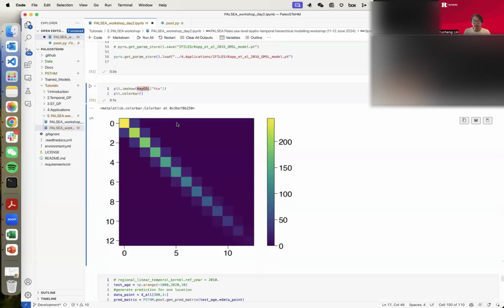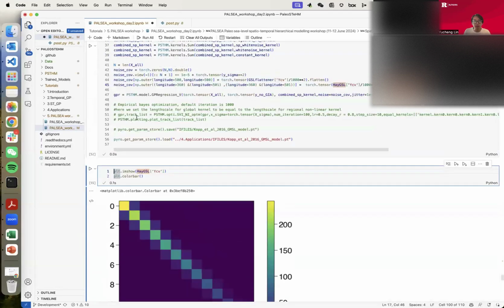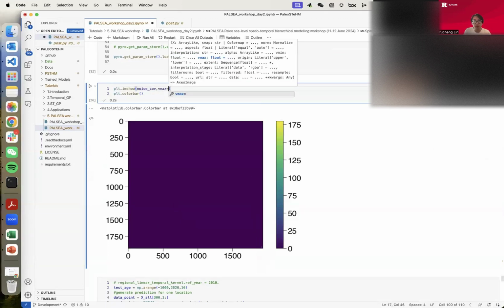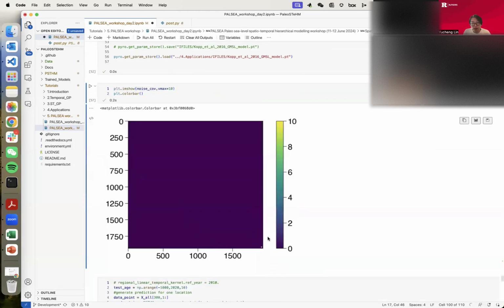You can see that maybe that's the overall noise covariance function. You can see that this is the covariance function like Hay's embedded in our data covariance function.